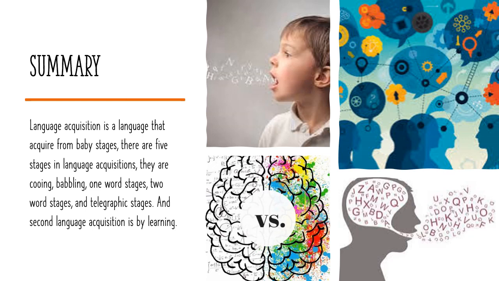The one-word stage happens in 12 until 18 months. The two-word stage happens between 18 until 20 months. And the last stage is the telegraphic stage, which happens between 2 until 3 years old. And second language acquisition is acquired by learning.